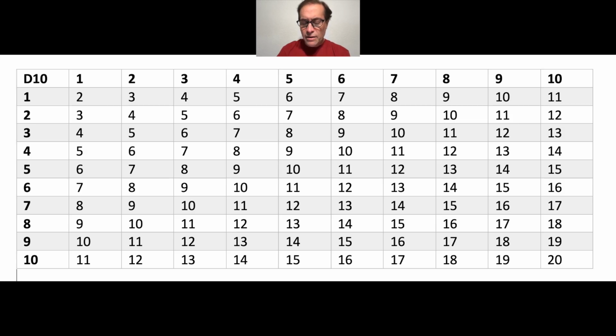So that's 1 out of 100, but there's also 9 others that the first die could be if the second die is 10, and 9 additional ones if the first die is 10 and the other die is something else, right? So 1 plus 9 plus 9 equals 19. So here, disadvantage is a minus 9 and advantage is a plus 9.